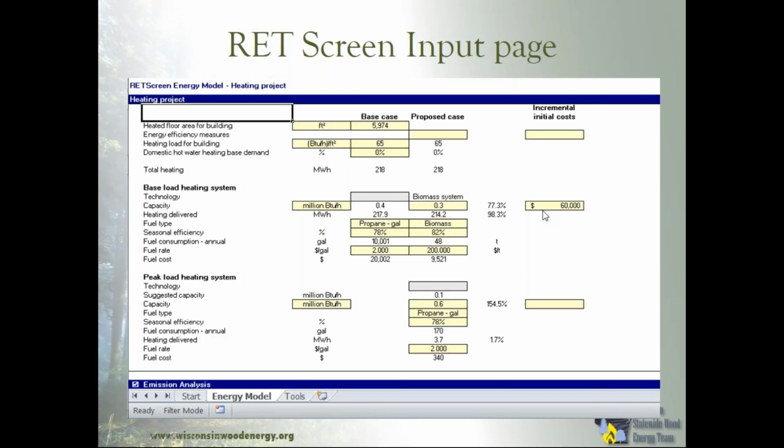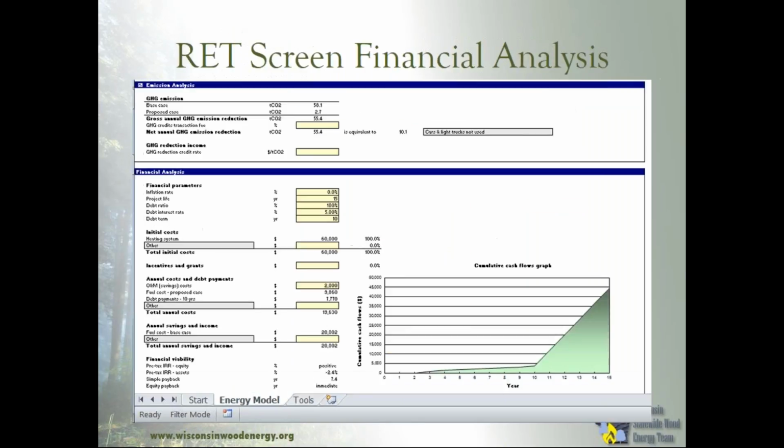This is where you'd put in your cost of equipment. So I've got 60,000 BTUs in here for a system, and this is the system size here. So those are all numbers that you'd have to enter. Let's see, what do we got? So this is greenhouse gas emissions. Most people don't worry about that too much.